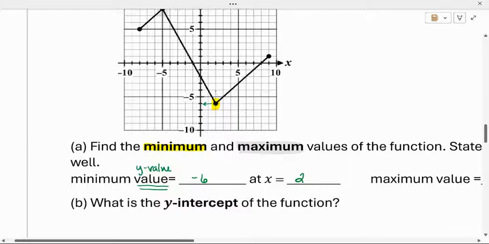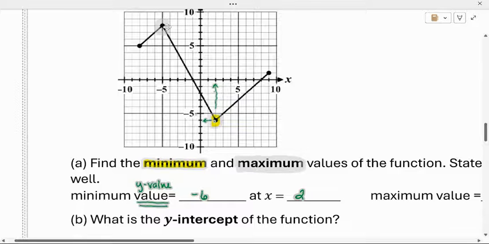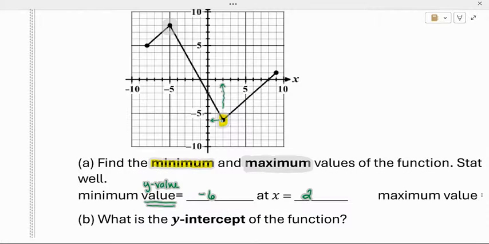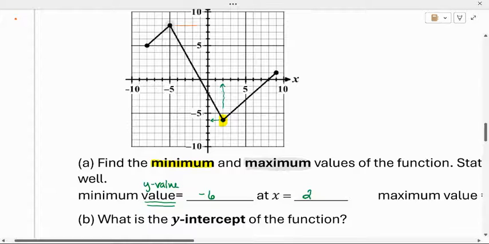I can just kind of follow this up. Let's look at our maximum value. So our maximum is right here, up at the top. And our maximum value is what? What is the maximum value?